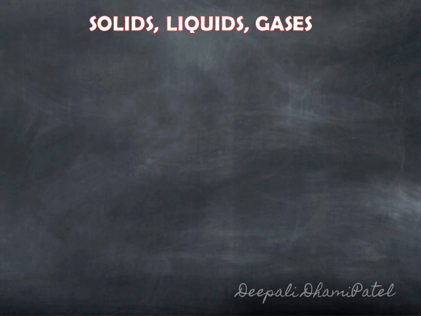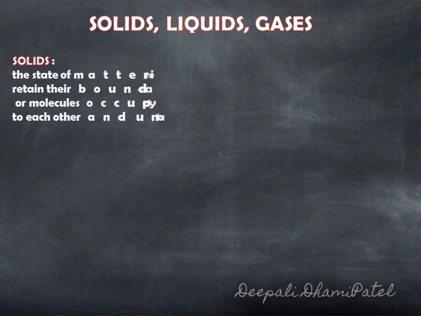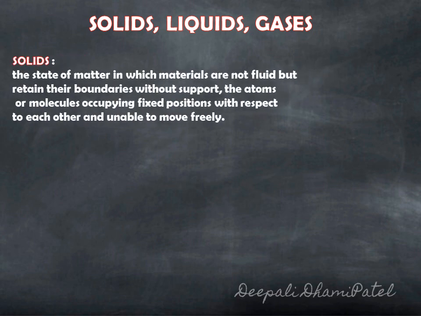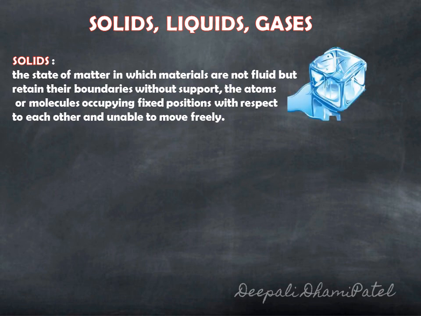So, let us now see solid, liquid, and gaseous states. Solids: the state of matter in which materials are not fluid but retain their boundaries without support. The atoms or molecules occupying fixed positions with respect to each other and unable to move freely are solids.